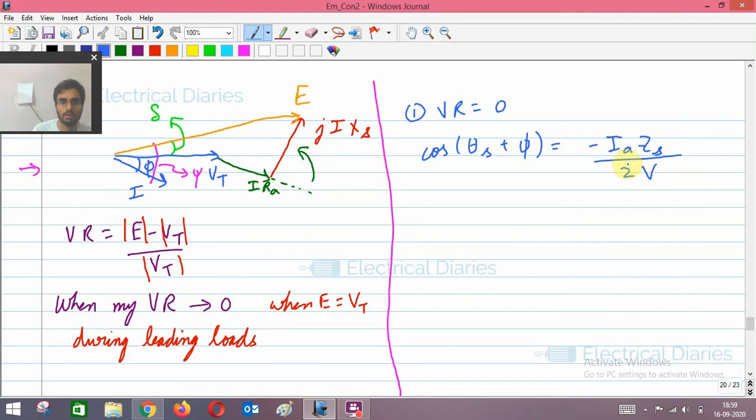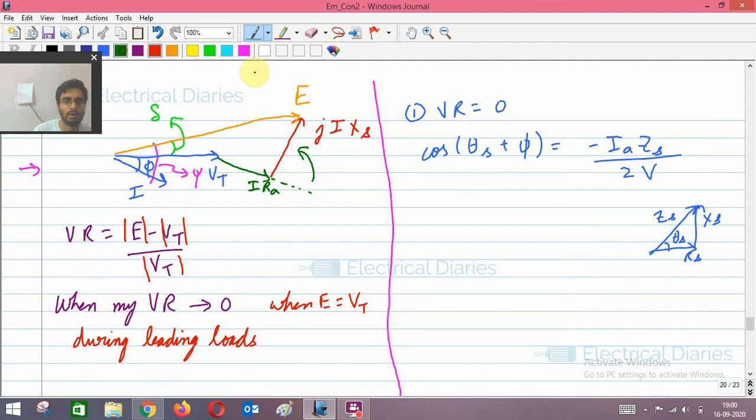And your Zs is what? Your Ra plus jXs, that is Rs, Xs, and this is your Zs, and this is your theta s. So your Zs will be this, and the formula is cos of (theta s plus phi) equal to minus Ia Zs by 2V, where theta s will be this. At this condition your voltage regulation will be 0. So that is one thing that you should remember.